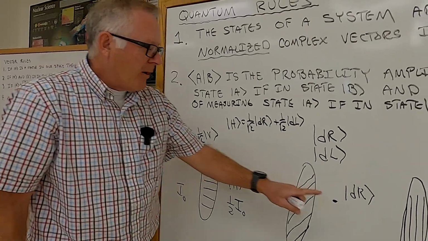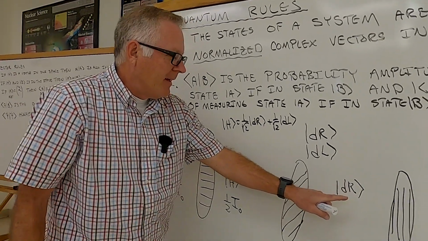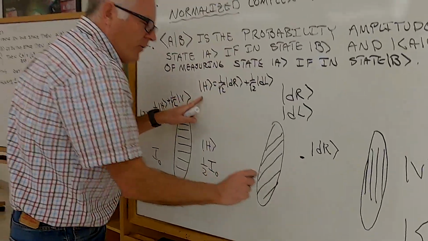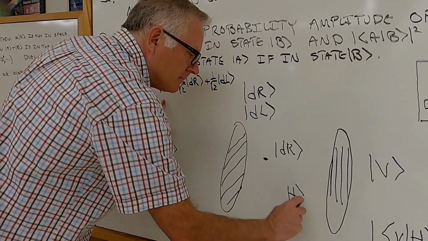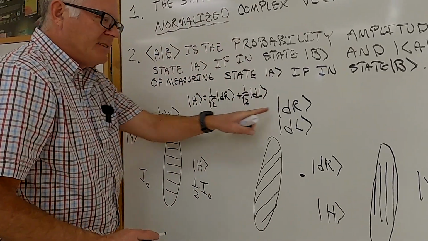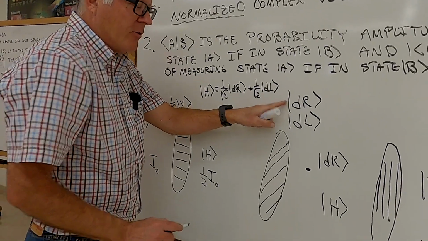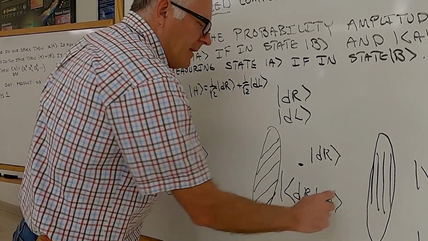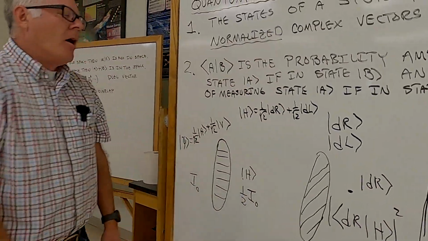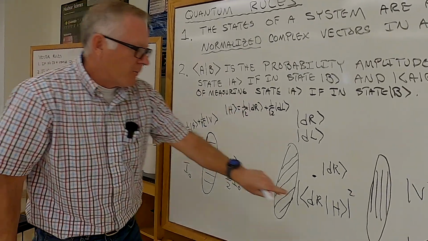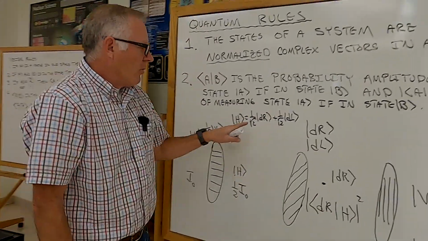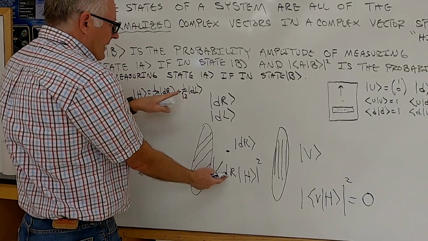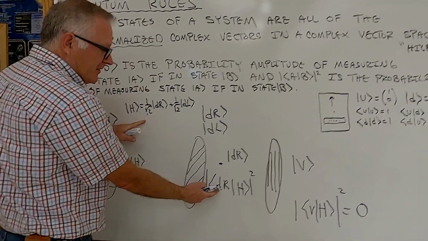Now what do we want to calculate? To see how much goes in there, we want to ask, if we were in state H, what's the probability of getting diagonal right? Well, if I plug this in, this dotted with that gives me 0, and this dotted with this gives me 1 over the square root of 2.